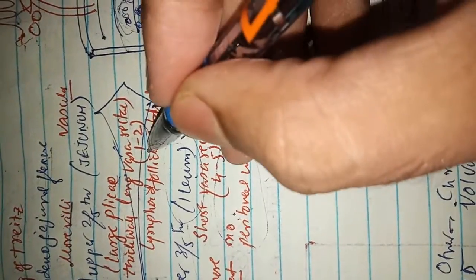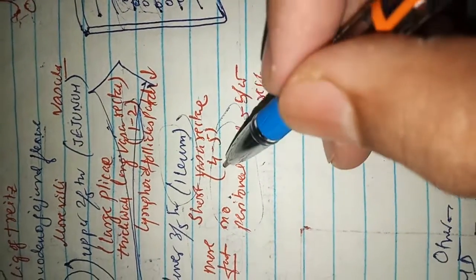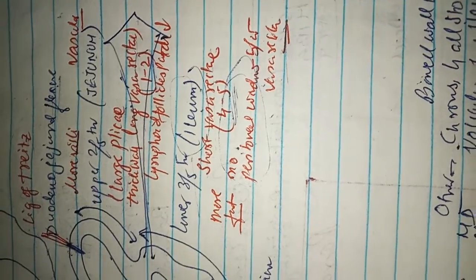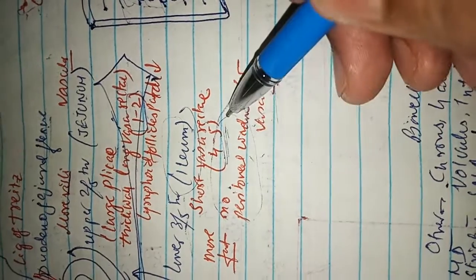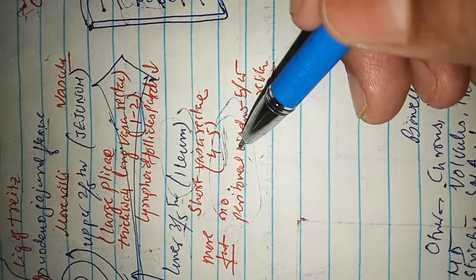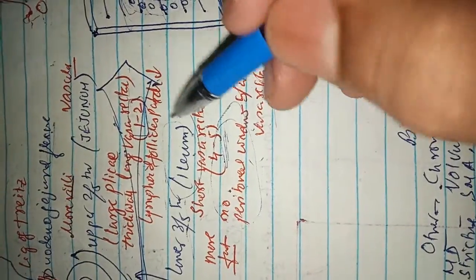The arterial arcades are fewer in the jejunum, 1 to 2, and more in the ileum. The ileum contains more fat, more lymphoid follicles and Peyer's patches, and the jejunum has fewer Peyer's patches.